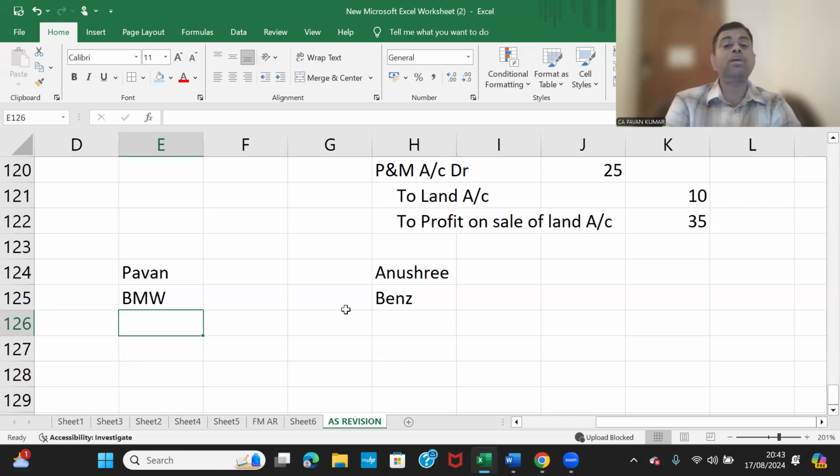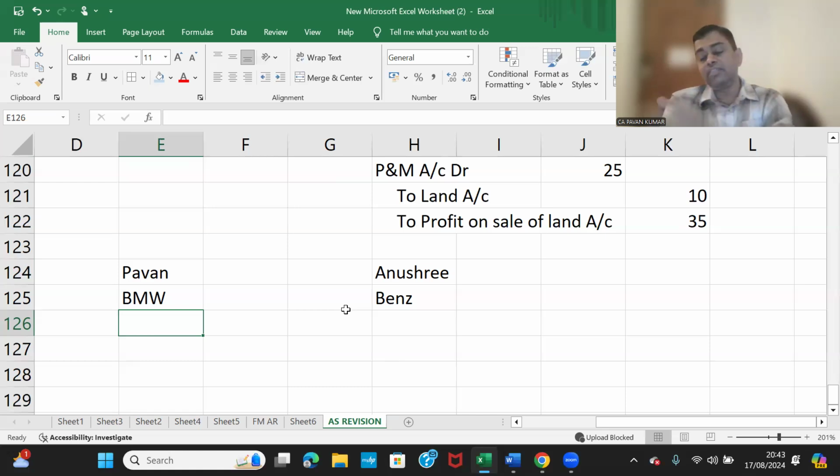These transactions do not have commercial substance. Your intention is not to properly value and sell it at a fair price. So what is the difference between the previous transaction and this transaction? In the previous transaction, fair value of the asset is playing a role. Here, fair value of asset is not playing any role. That is the main difference. Two, normally these kinds of transactions happen between holding and subsidiary companies.